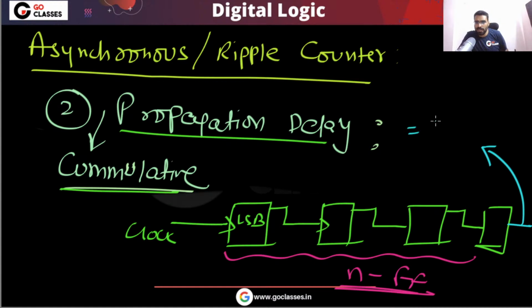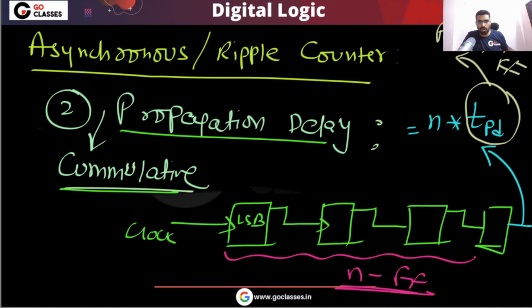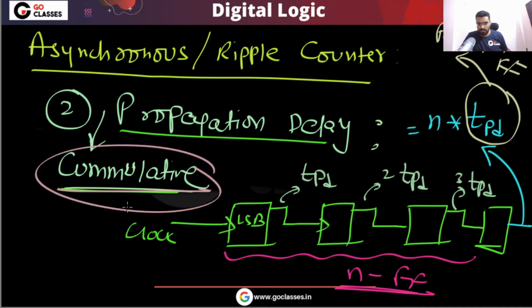The propagation delay will be n multiplied by TPD, where TPD is the propagation delay of one flip-flop. So here the propagation delay will be TPD, here it will be 2 TPD, here 3 TPD, and so on. That is the reason we call it cumulative propagation delay. This is the problem.